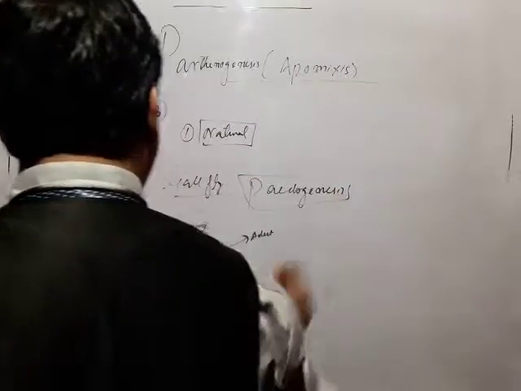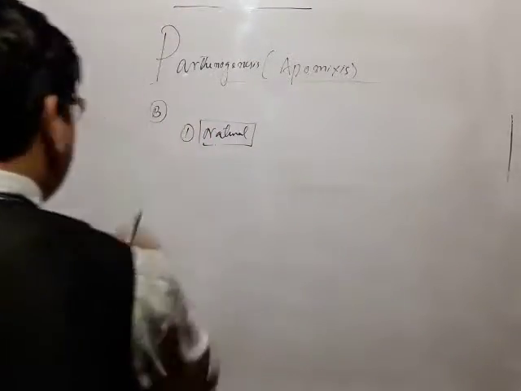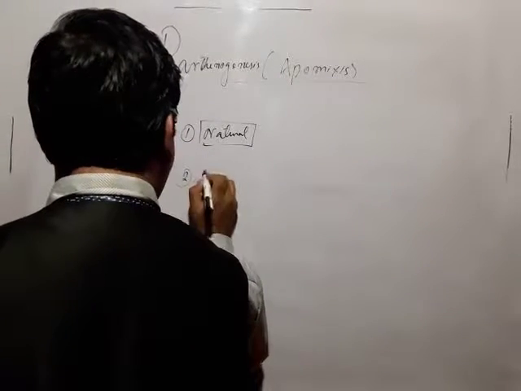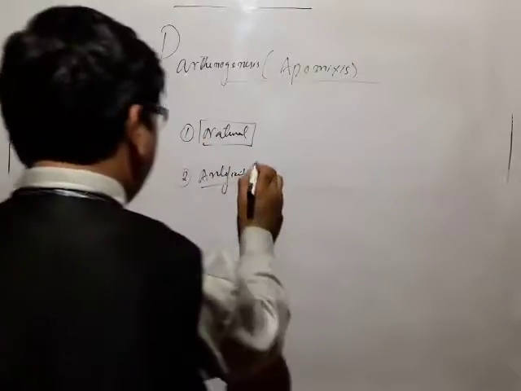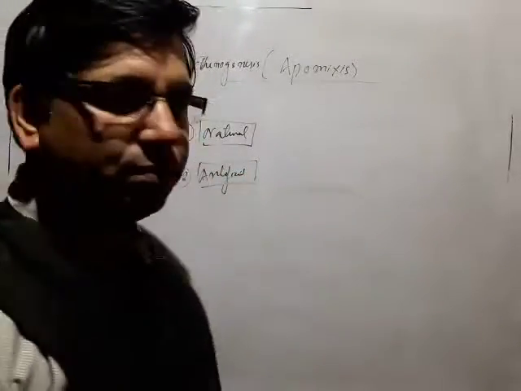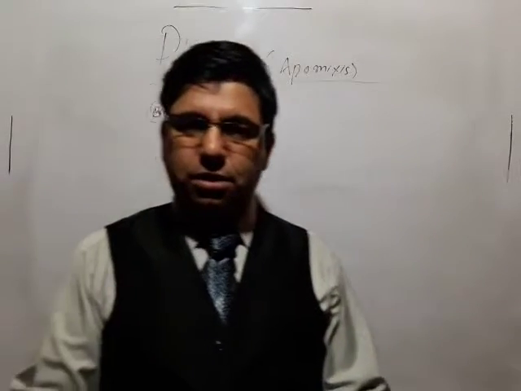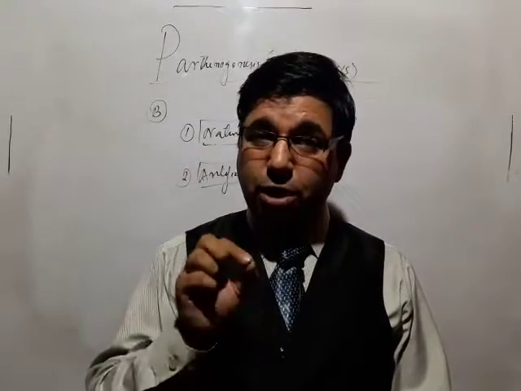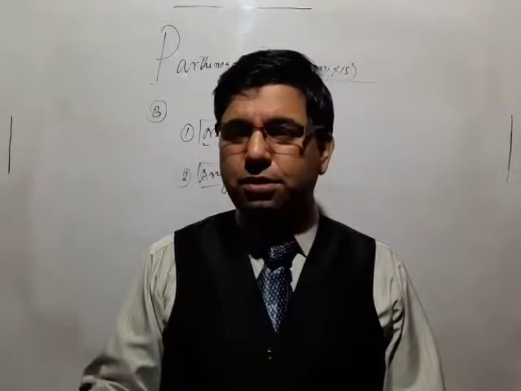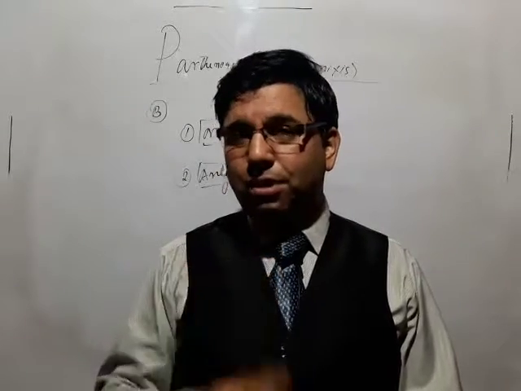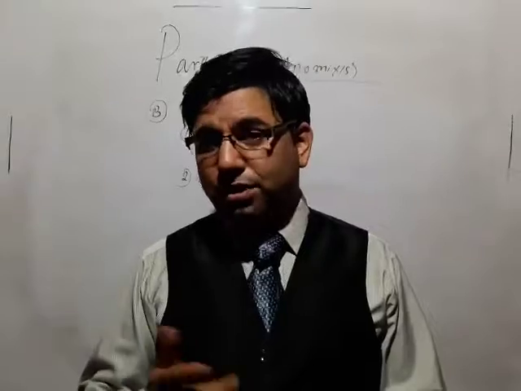Fine. Now we have the second part, that is artificial. Artificial means the parthenogenesis is not there in a particular population or species. It's not naturally occurring, but we are inducing it through some agents, through some physical or chemical processes.